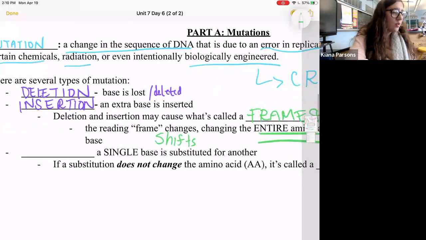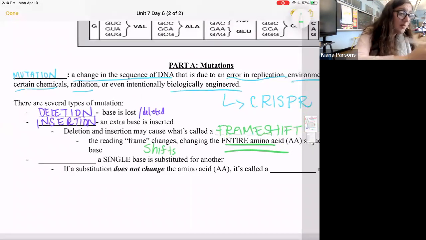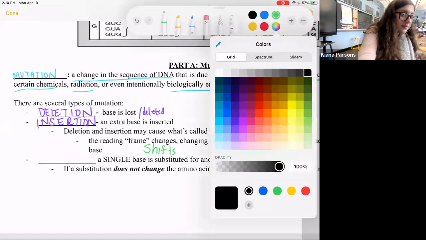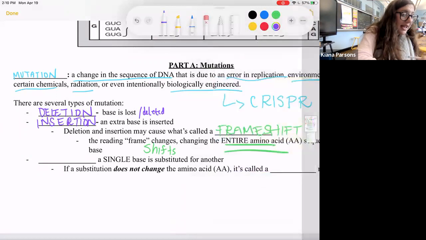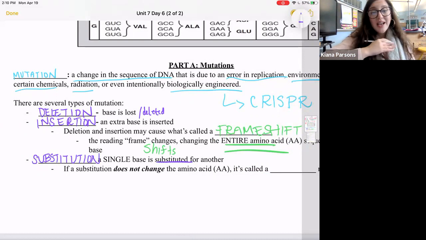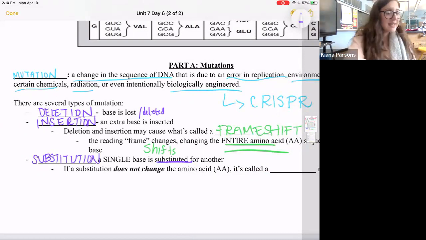All right, the next one is when a single base is substituted for another. And it's a substitution. And sometimes a substitution does not change the amino acid, right?